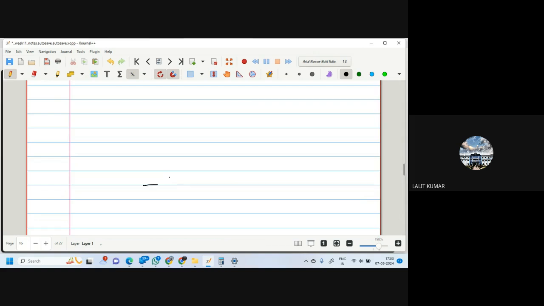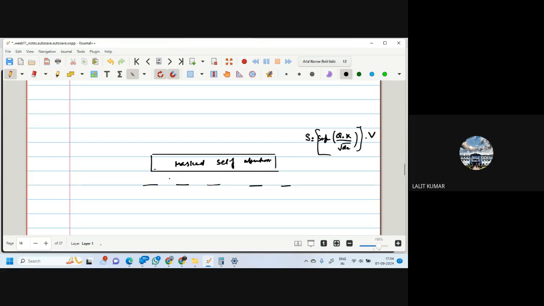These were the inputs which have come in, and here I have done the masked self attention. By doing that, with the same formula, S is equal to softmax of Q into K divided by root dk, whole into V, I get the value of S. So here I get S output. Is that okay?